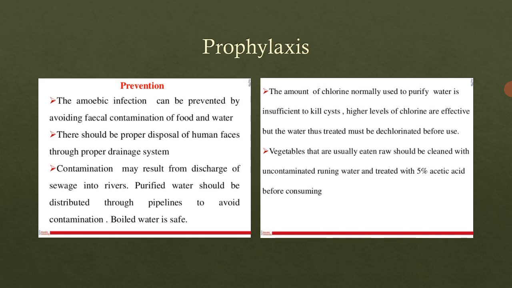People staying near unhygienic areas, near where the water can be contaminated, will be more at risk of getting this infection. Therefore we have to take proper measures and prevention to avoid this type of infection.